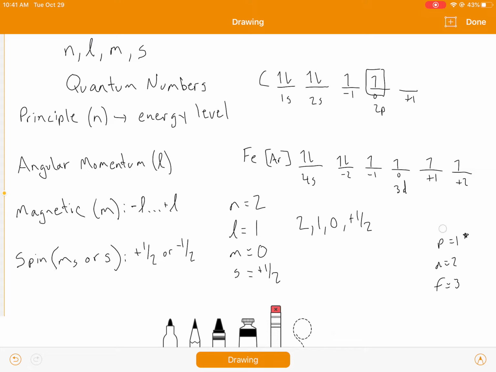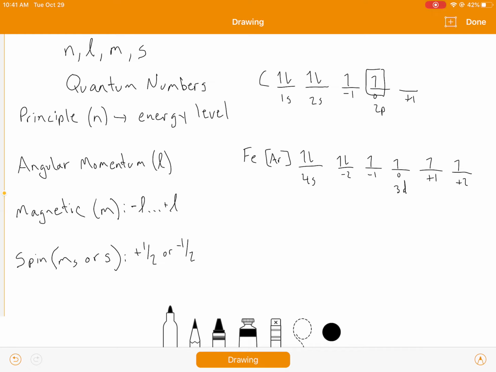Alright, so I'm going to go ahead and erase all this now. Hopefully you have that written down. If we look at the next thing, the iron, let's look at this electron right here. What energy level is it on? Well, you have already gotten up to the 4th energy level, but technically this is in the 3d level. So you're going to look at the 3, and that is the current energy level that you're on. So the first quantum number is 3.